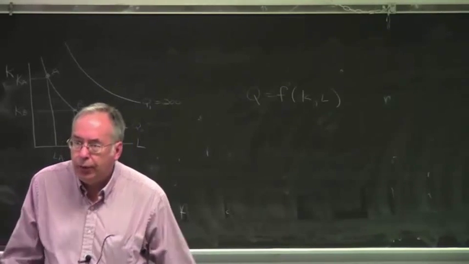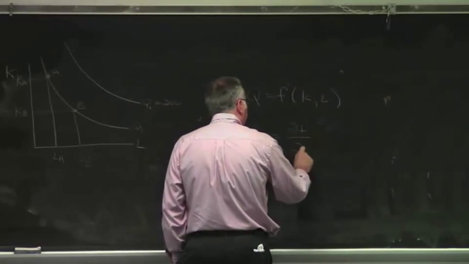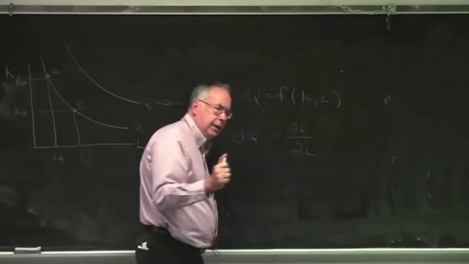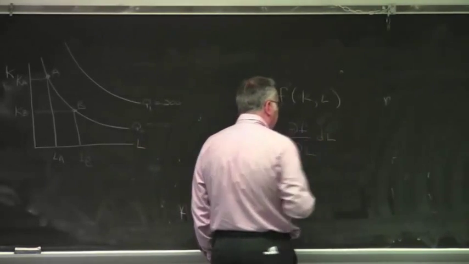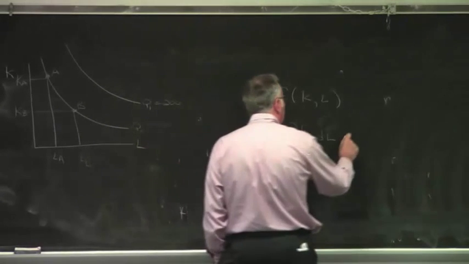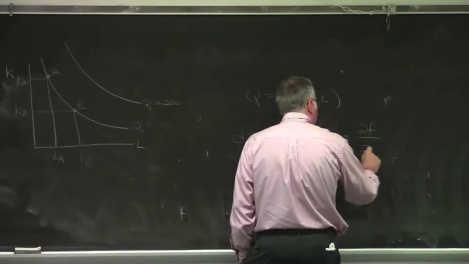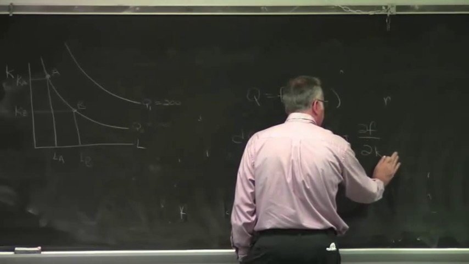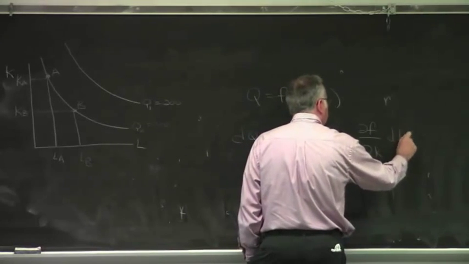What would dQ equal? Right, so it's partial F, partial L times dL. Okay, the change in labor is dL, plus partial F, partial K times dK.